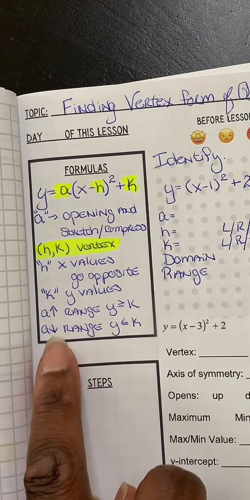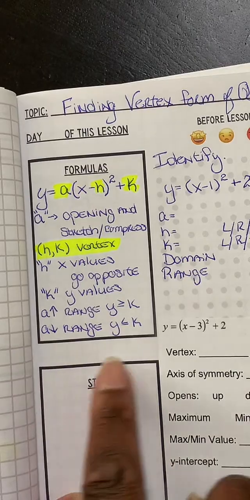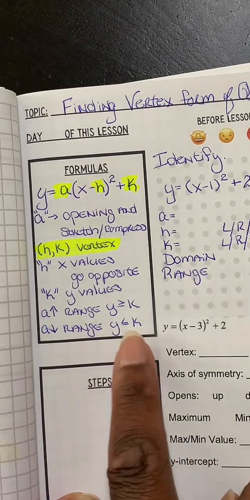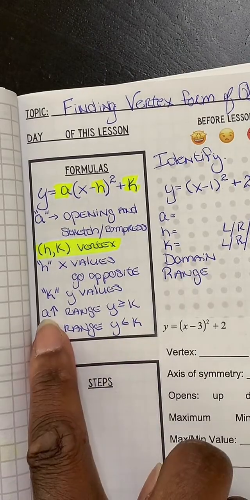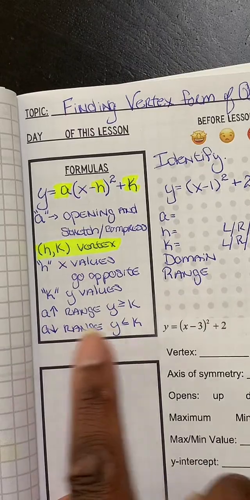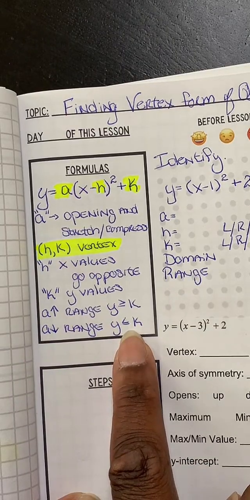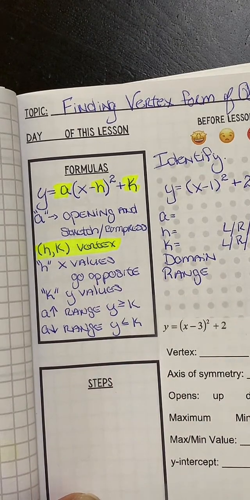If your a is negative, or it's opening downwards, your range is going to be less than or equal to. So that deals with our range.